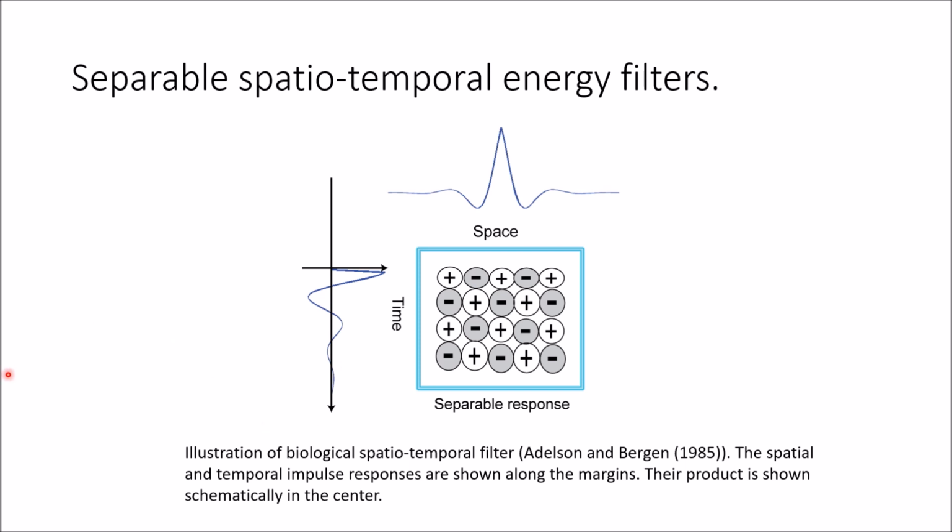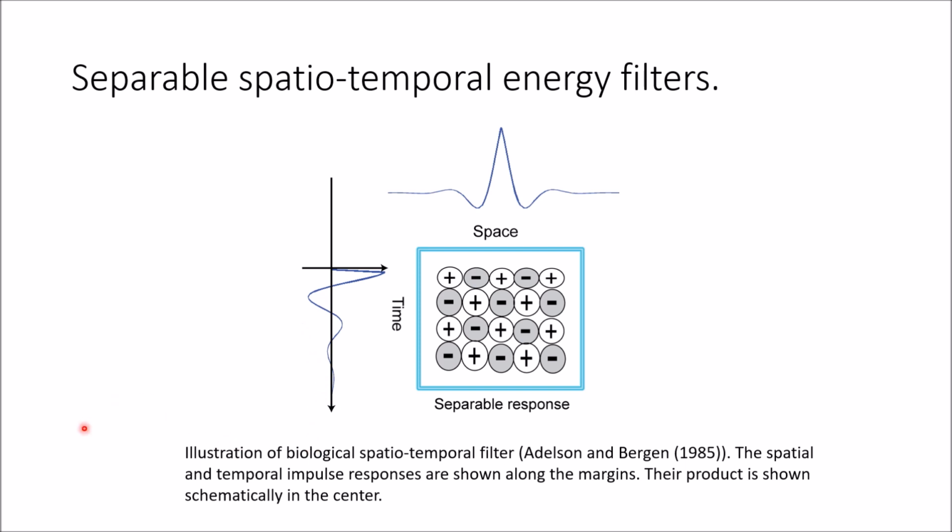However, in time, we cannot use a symmetric filter, and biological systems don't. They use causal filtering. They use the signal from the past to the present, and the filter is designed that it weighs the present more than the past.